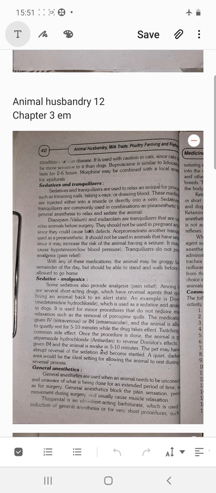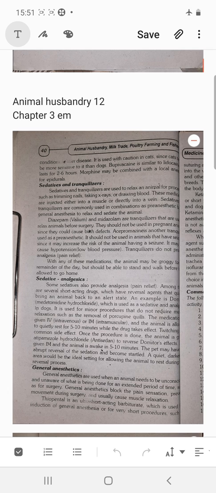Remember, you have to prepare your notes about all chapters in animal husbandry and crop production. I teach you two subjects, crop production and animal husbandry. My suggestion is that you prepare your own notes.